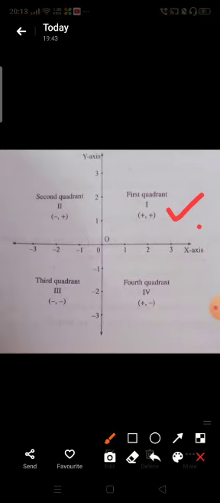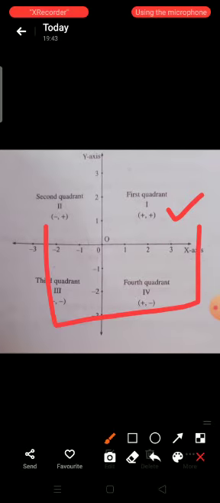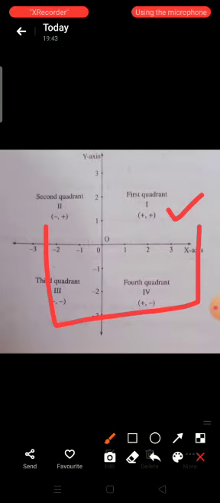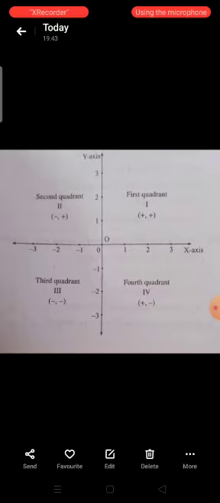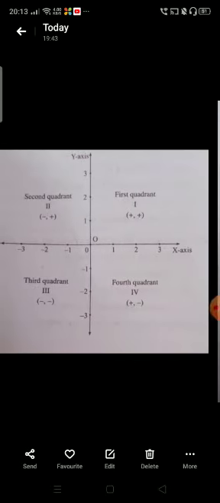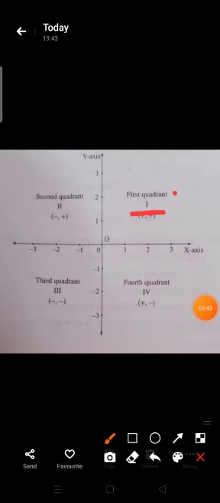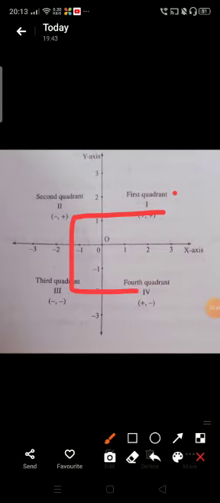It will not go the clockwise way. In this chapter, if the thing is about quadrants, the quadrants will go anti-clockwise: first this one, the first quadrant, then second, third, and fourth. This process is known as anti-clockwise.